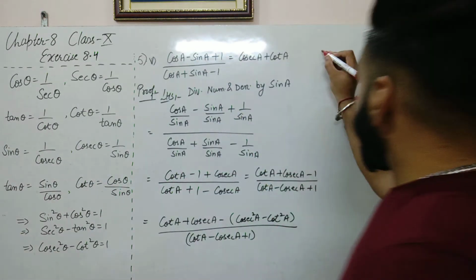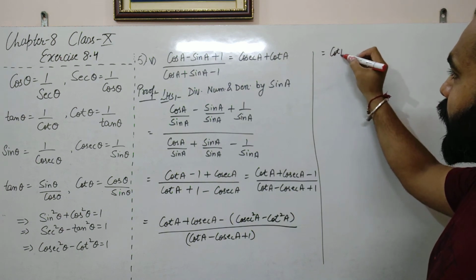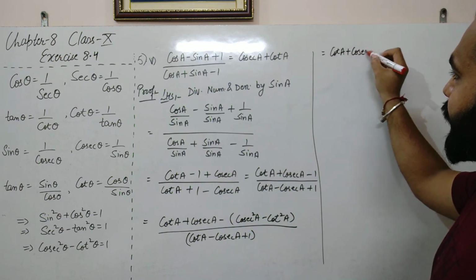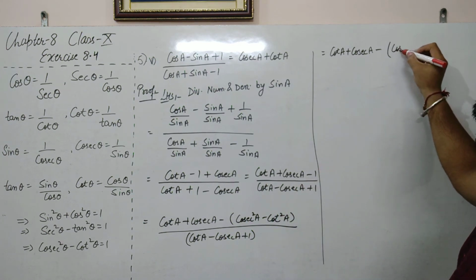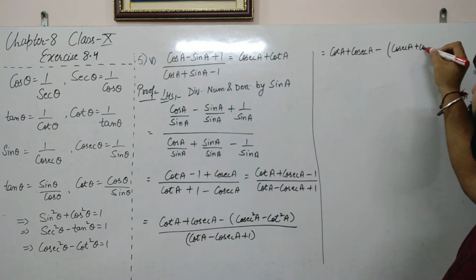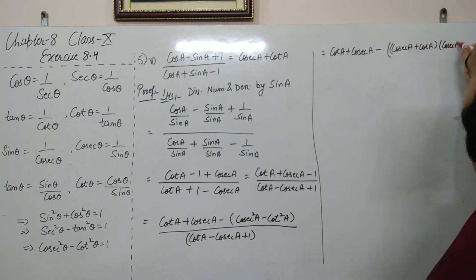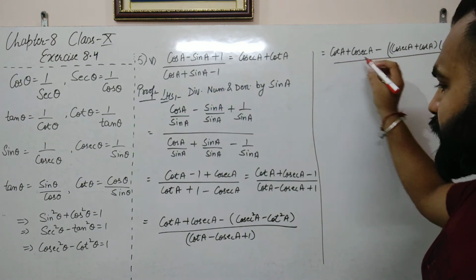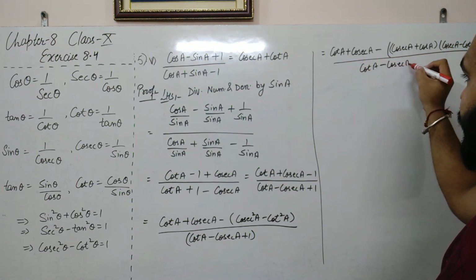This will be now equal to cot A plus cosecant A minus, we can write it as cosecant A plus cot A into cosecant A minus cot A. This will be cot A minus cosecant A plus 1.